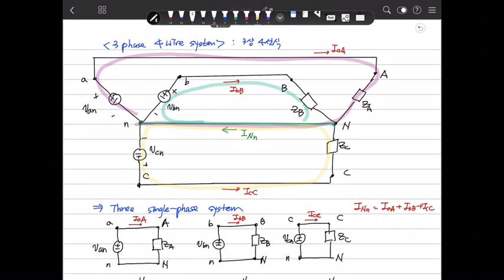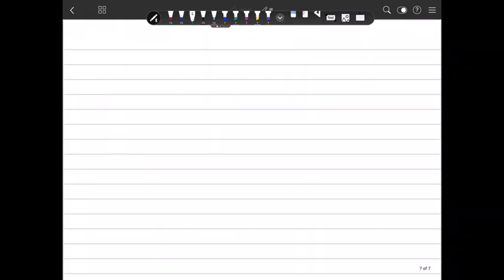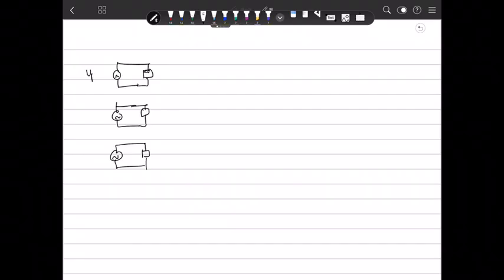Suppose we have three single-phase systems, with a load each, and VP at 0, Z at theta.